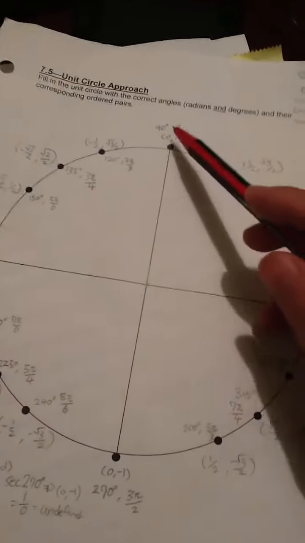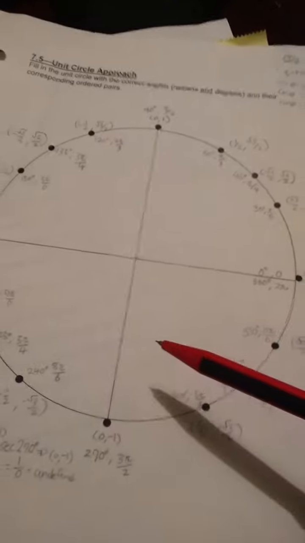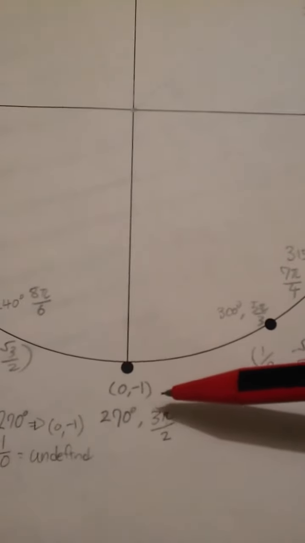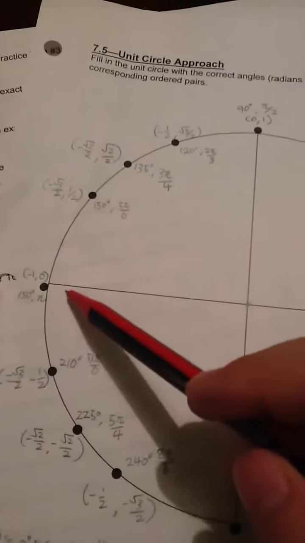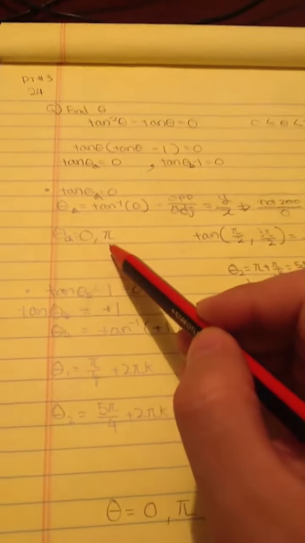Pi over 2 or 3 pi over 2 is not an answer because tangent of pi over 2 or tangent of 3 pi over 2 is undefined. So for theta A, the answer is 0 and pi.